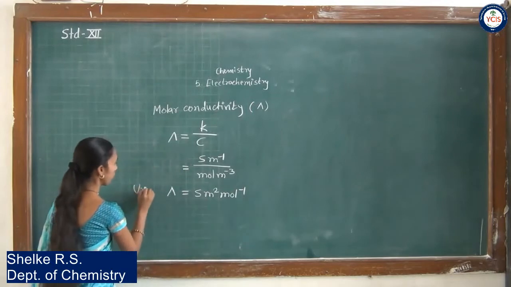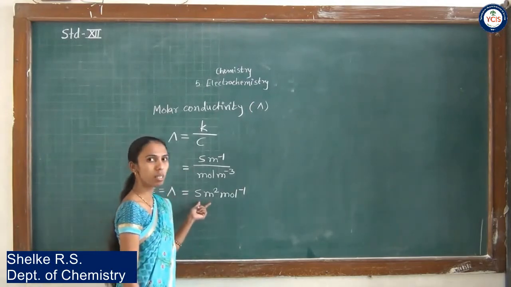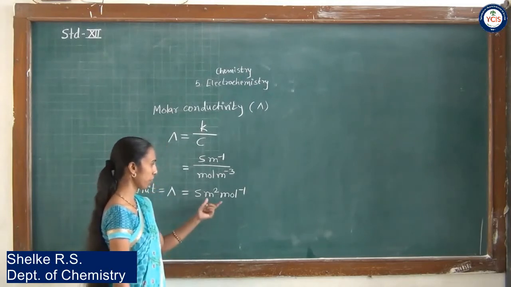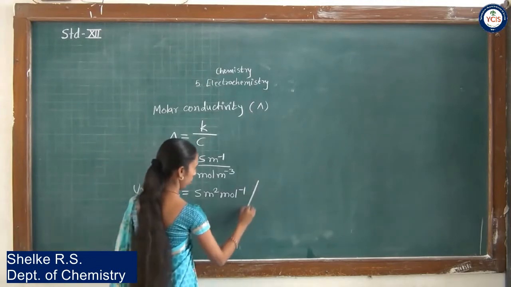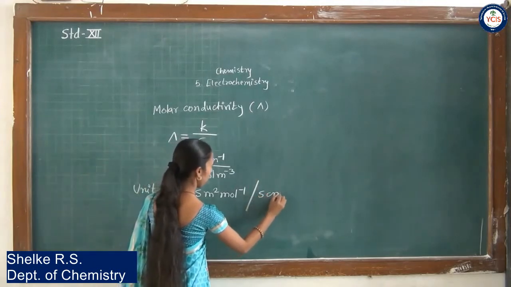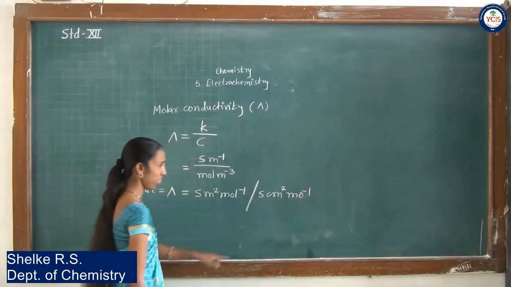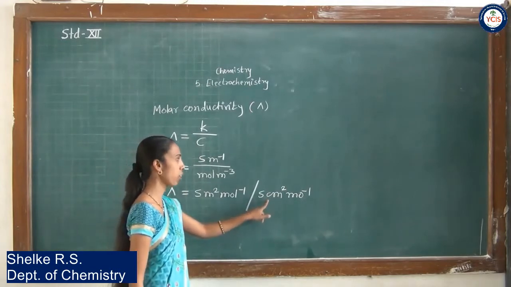The unit of molar conductivity will be Siemens meter square per mole. If you take the CGS system, that will be Siemens centimeter square per mole. Instead of Siemens, you can also write Ohm inverse.